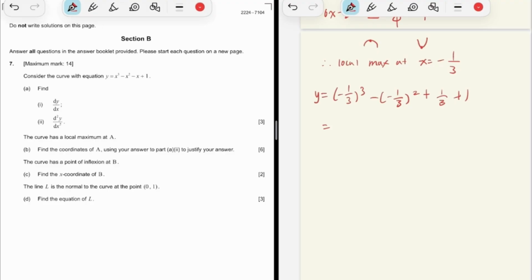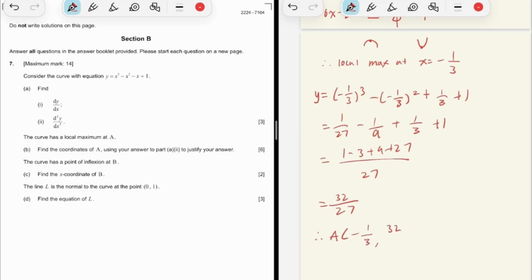And so that would be 1 over 27 minus 1 over 9 plus 1 over 3 plus 1. And so we get 1 minus 3 plus 9 plus 27 over 27. And that would be equal to 32 over 27. So thus the coordinates of A are negative 1 over 3, which is x, and 32 over 27, which is y.